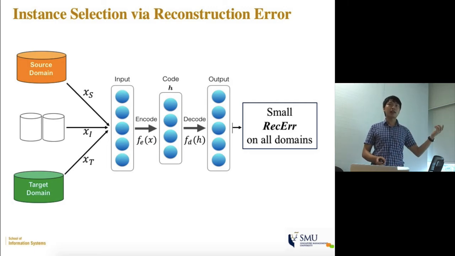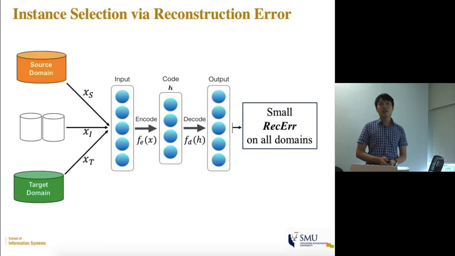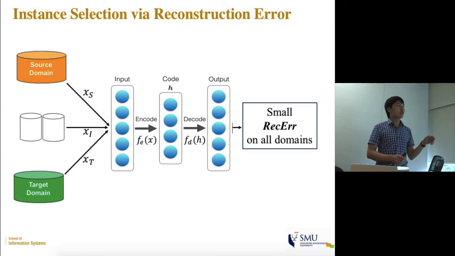Then you use that encoder and decoder to report the reconstruction error on the source instances. It might return a very big loss, right? So if you want to transfer the knowledge from the source instances to the target domain task, then you expect that the reconstruction error is small for all source and target domains.